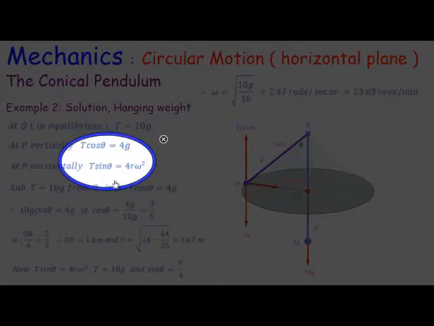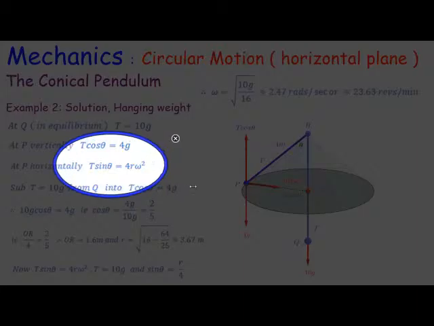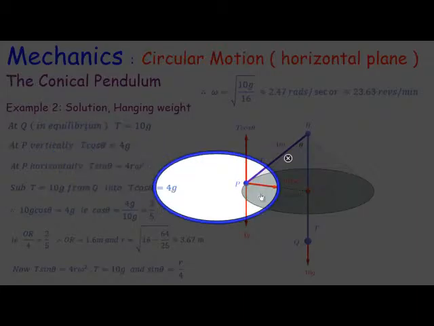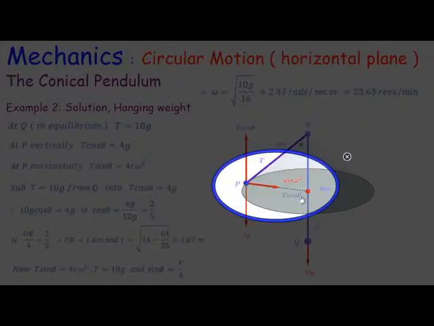How about T sin theta equals 4r omega squared? Well, the centripetal force is mr omega squared. The weight's 4 kilograms, and you can see here the horizontal component of the tension is T sin theta, and it's balanced by the centripetal force.